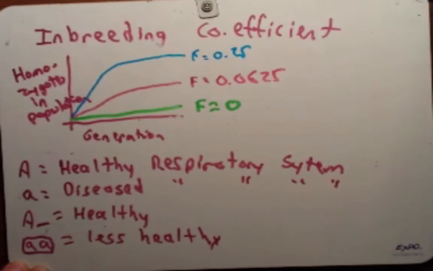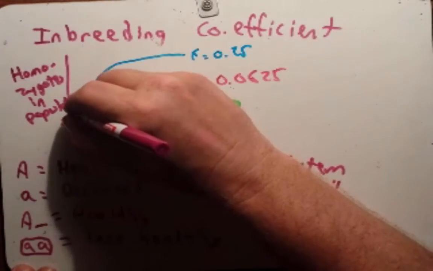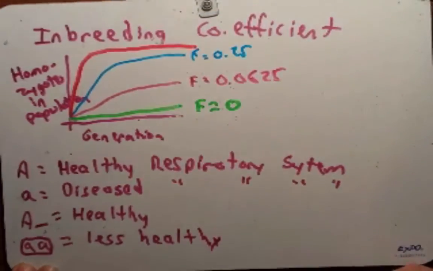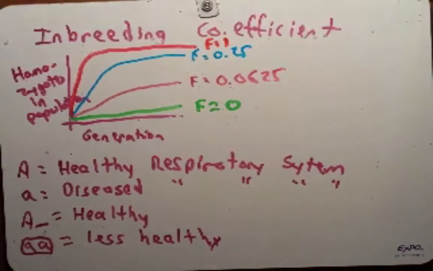Now this wouldn't happen in bighorn sheep, this next example I'm going to draw for you, but it does happen in some organisms, and that would be the self-fertilizing organisms. And in which case their coefficient for inbreeding would be 1. Again, this can't happen with bighorn sheep because they cannot self-fertilize.